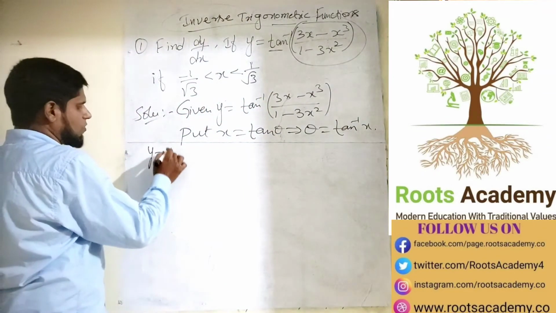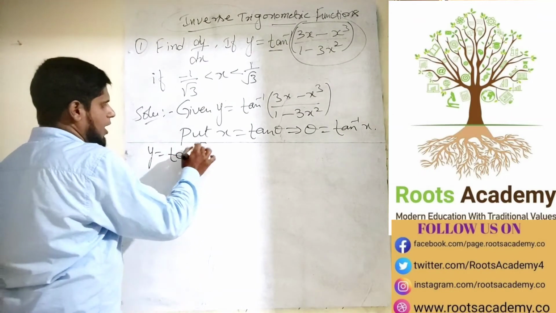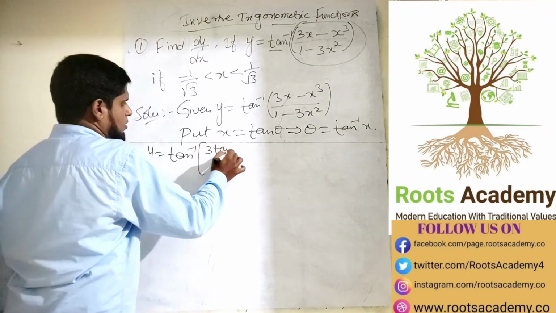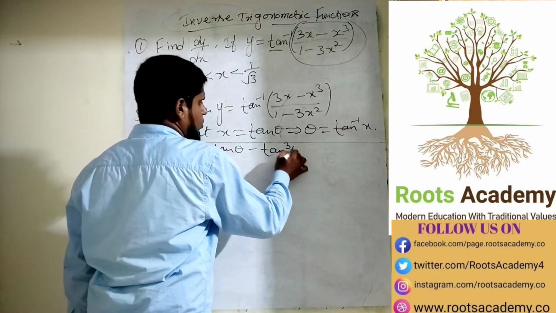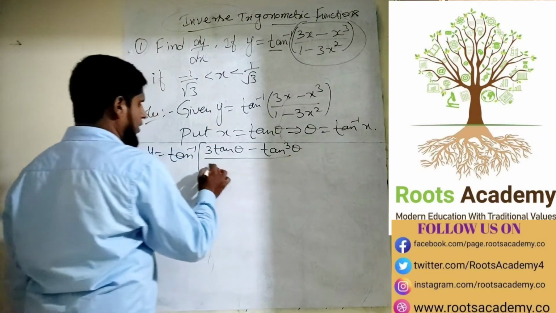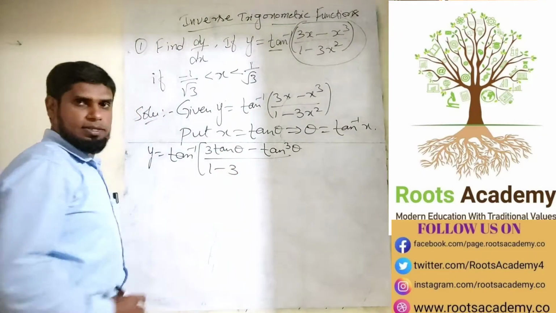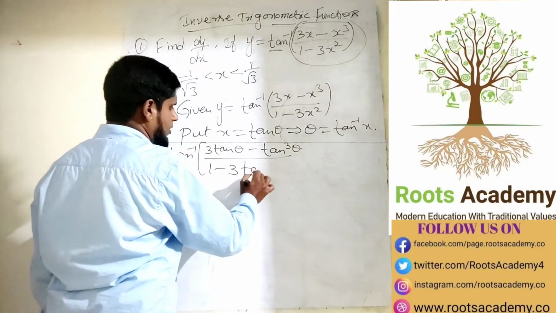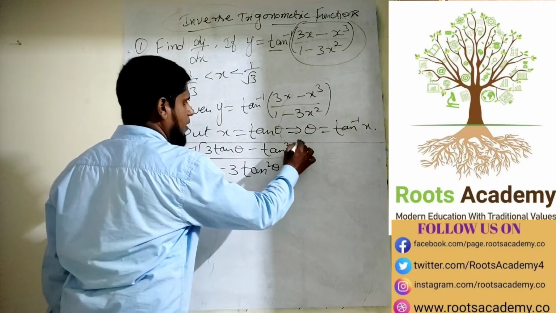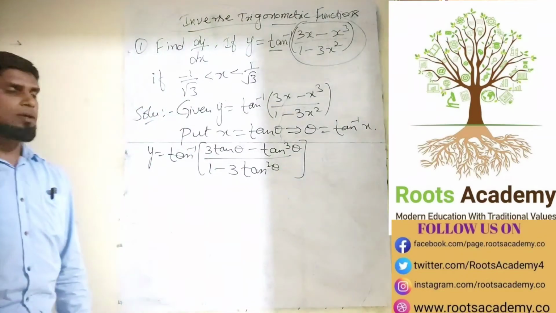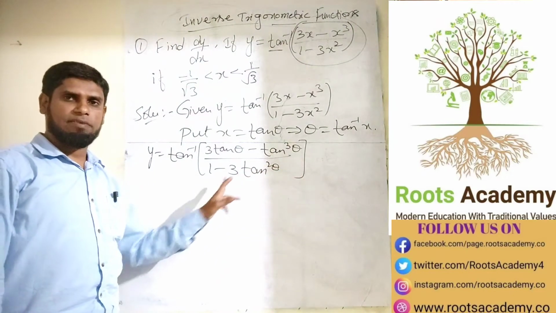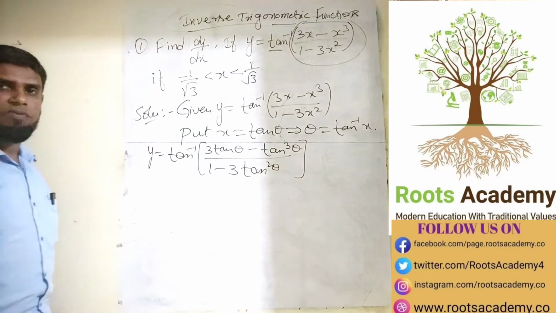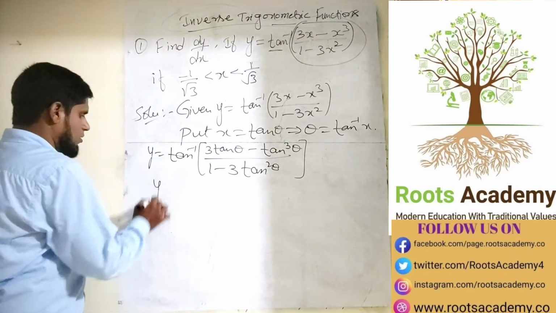So y equals tan inverse of (3 tan theta minus tan cube theta) divided by (1 minus 3 tan square theta). Whatever I've written inside the bracket is the form of tan 3 theta.